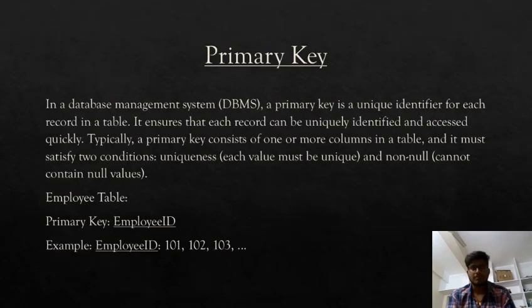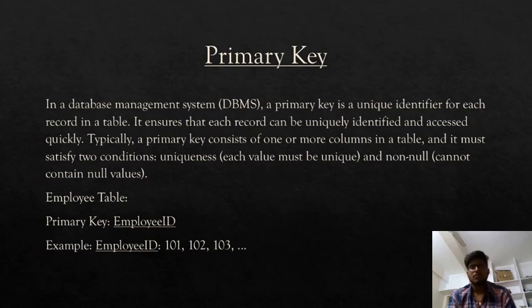Coming to the primary key. The primary key is useful as a unique identifier for each record in the table. It ensures each record can be uniquely identified. For example, if we consider an employee organization, there are many employees working in that particular organization.